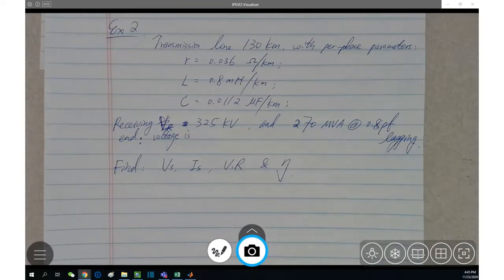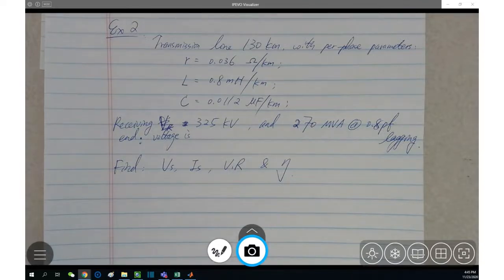First of all, what do we need to find? Any thoughts? First step. Find the transmission line. What do you mean by that? There are a lot of things about a transmission line.